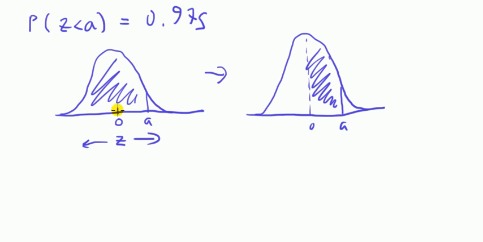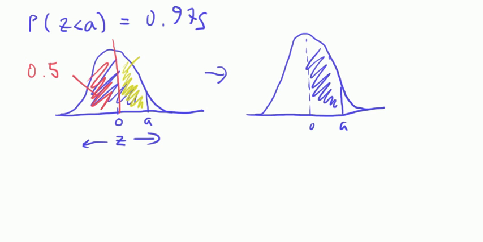Well, if the total area comes to 0.975, we know that everything in red here is going to be 0.5. Therefore, everything here, which we're after, is going to be 0.975 minus 0.5, isn't it?